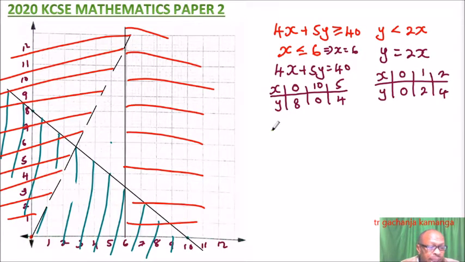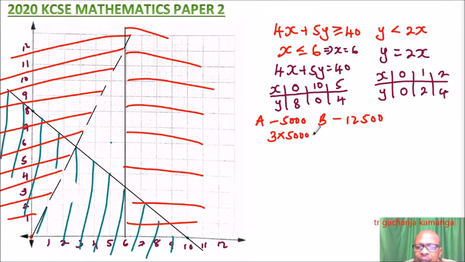Now what we do is we can write a function from the cost, where A is costing 5,000 and B is costing 12,500. So we can say the total cost involved will be, we have 3 type A lorries, multiply by 5,000 and multiply by X number of trips.